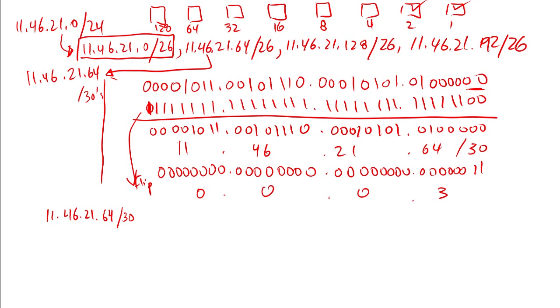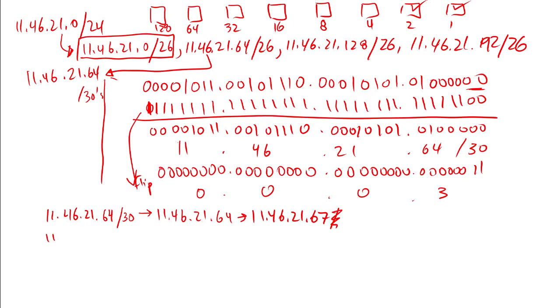So we've created 4 /26s, but we took 1 /26 and made it into /30s. So it starts at 64 and it ends at 67. So plus 3. In other words, 11.46.21.64 to 11.46.21.67, no slash here.